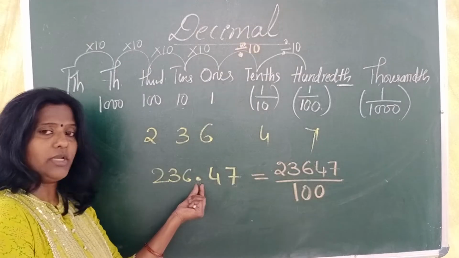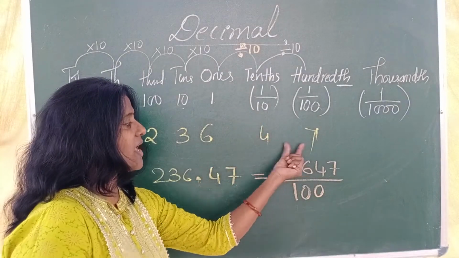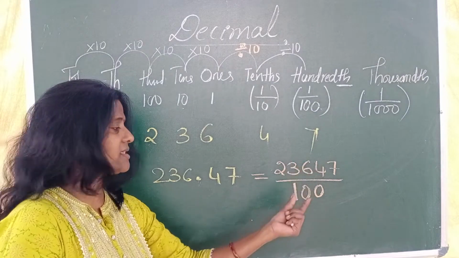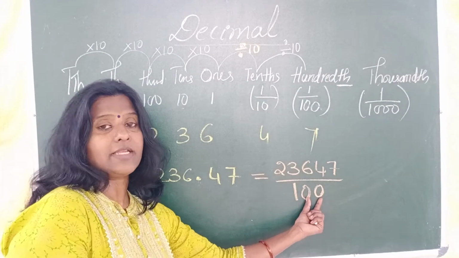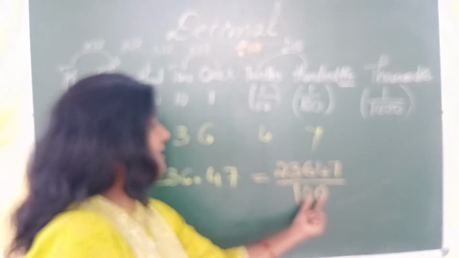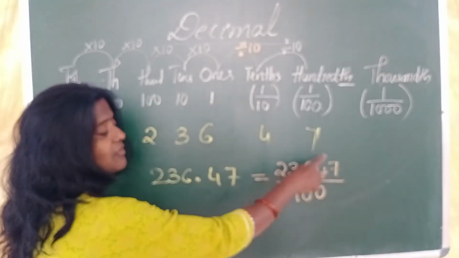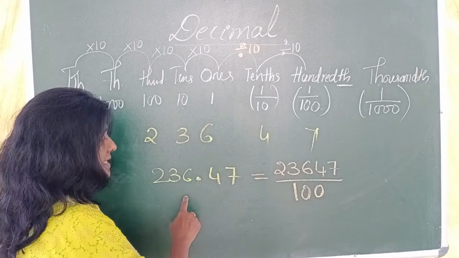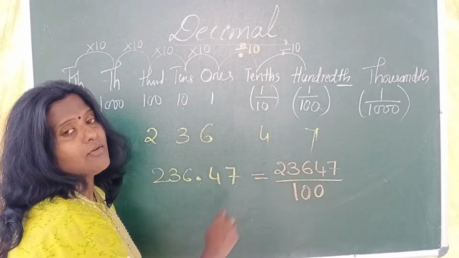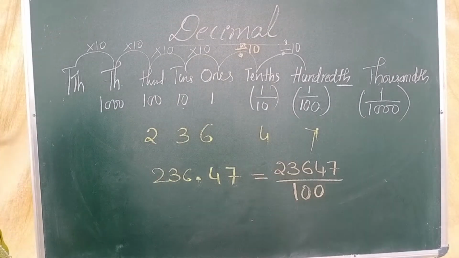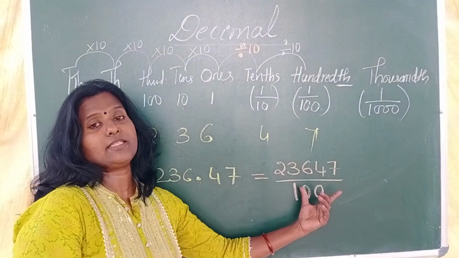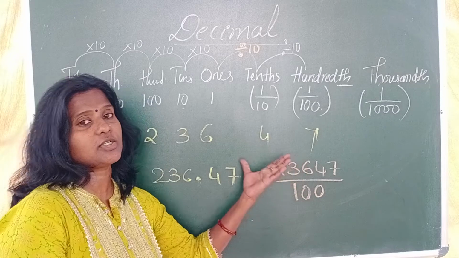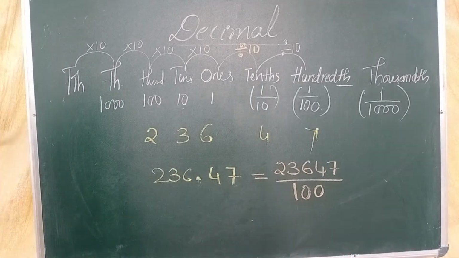After the point, how many decimal places do we have? 4 and 7, 2 decimal places. So those many zeros you write in the denominator. So that is converted as a decimal fraction. This is the decimal number and this is the decimal fraction we have converted. In this way we can convert decimal to decimal fraction or decimal fraction to decimal.